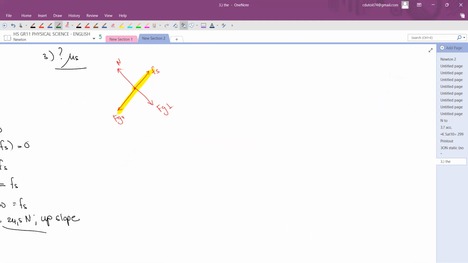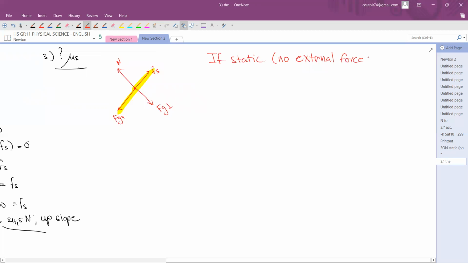Right, there are 2 ways of doing this. Important: if it's static, there are no external forces. So no one's pushing it, no one's pulling. It's not static if someone is pulling a rope on it.